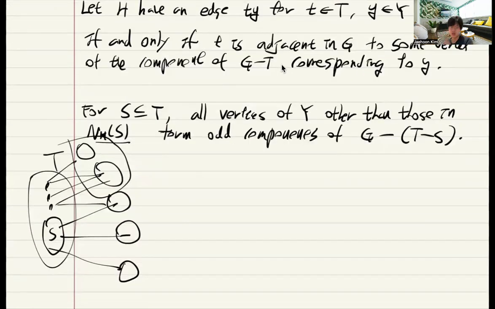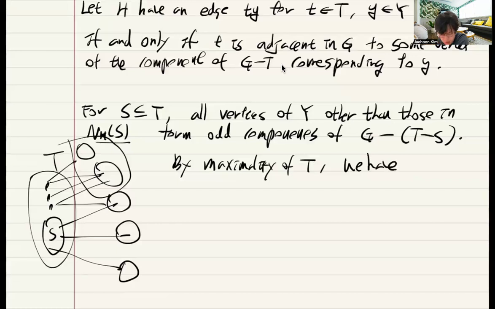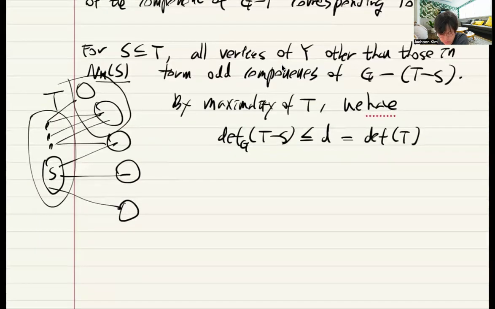Then what do we know? By the maximality of T, we have that the deficiency of T minus S in graph G is at most D, because D was the deficiency of T, right?